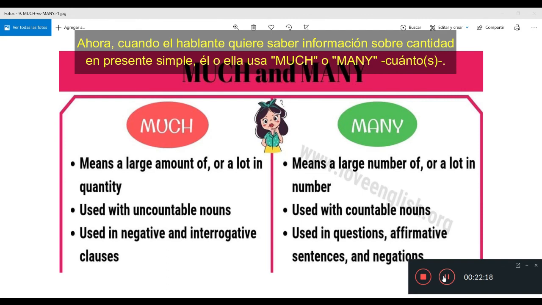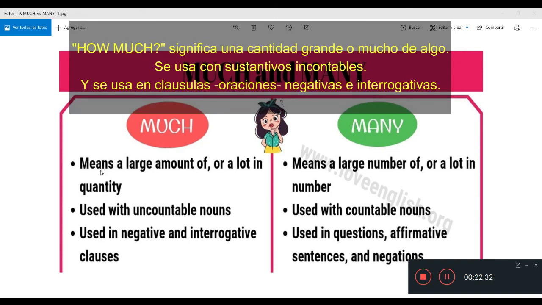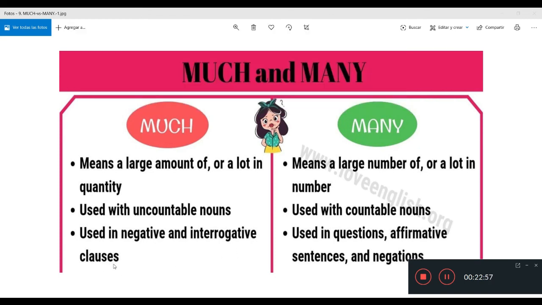Now, when the speaker wants to know information about amount or quantity in present simple, she uses much, many, how much and how many. How much means a large amount of or a lot in quantity. Used with uncountable nouns. Used in negative and interrogative clauses.